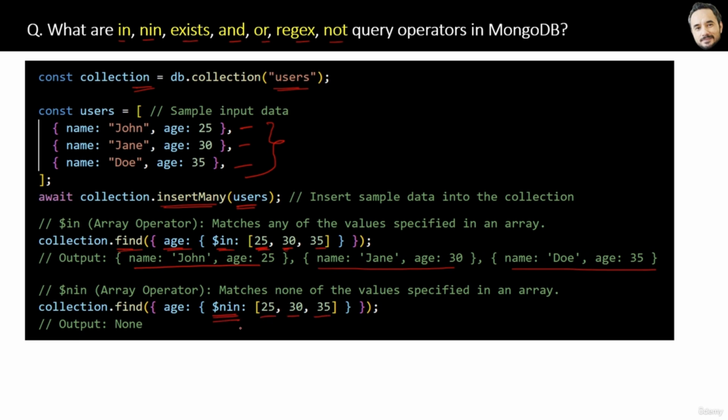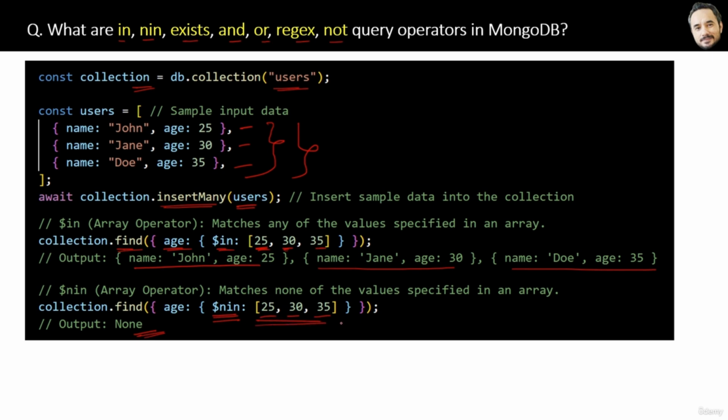And as you know, if you see above, we do not have any users apart from 25, 30, 35. So with not in, we will get none as the output. Now remember, both of these are array operators, as I said, because we are passing arrays with these operators.